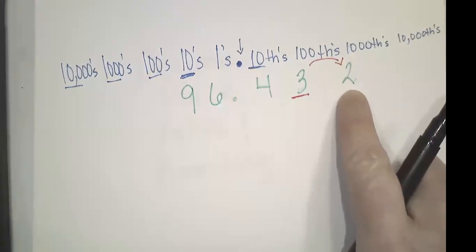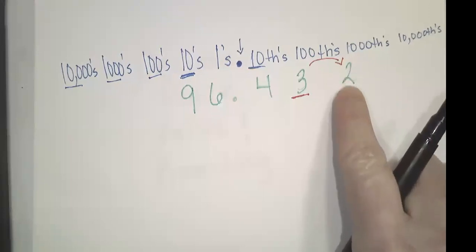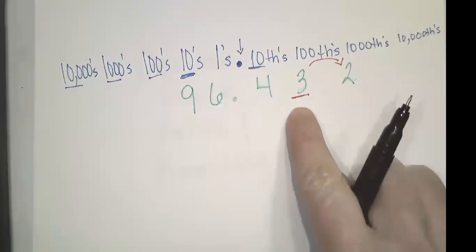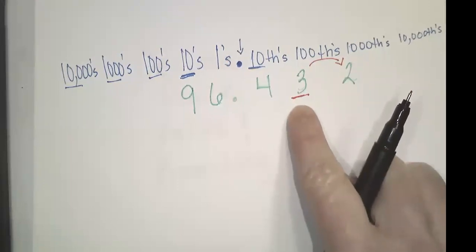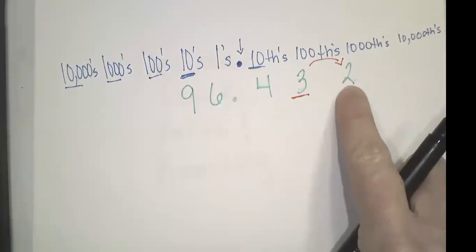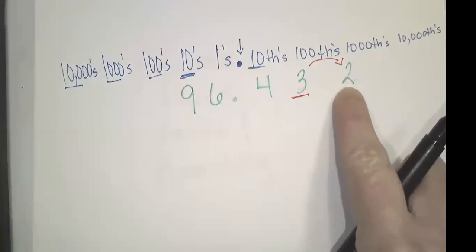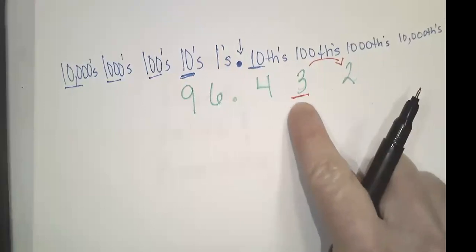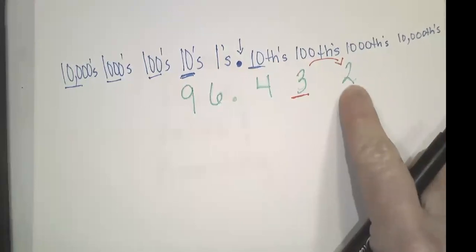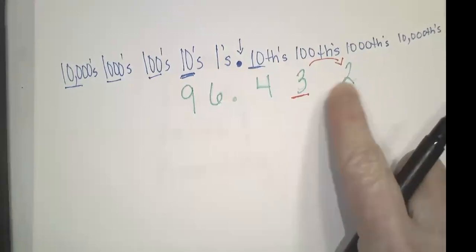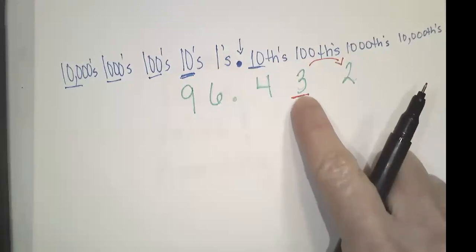Well, if you know how to round, you know that if this number is 4 and lower, this number will stay the same. But if this number is 5 or above, this number would climb up 1. Well, I can see that this number is 4 or lower, so I know that this is going to stay the same.